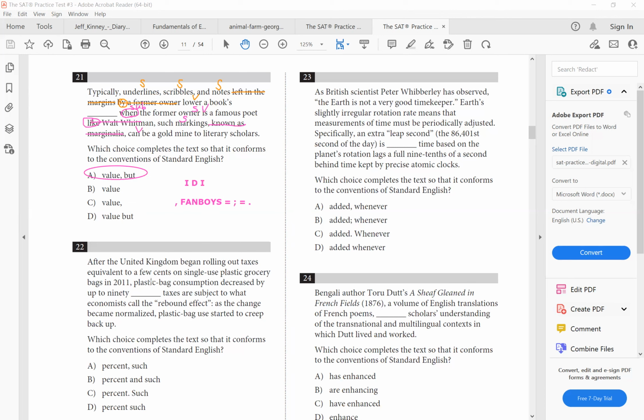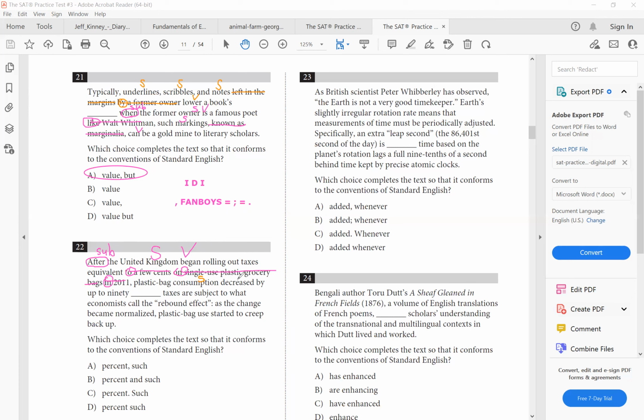Okay, so number 22 will be the same. You see comma or, and, or period, or no punctuation. So we do it exactly the same way as we did 21. Let's start off by crossing out the things we don't want. After that is a subordinator like when, so this is a dependent clause. United Kingdom began rolling out taxes equivalent, cross out prepositional phrase, to a few cents on single-use plastic grocery bags in 2011. And then we have another clause.